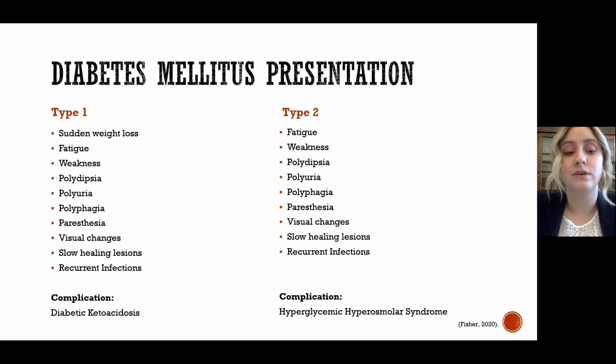The complication of type 1 is diabetic ketoacidosis. Type 2, the exact same signs and symptoms, but it does not include sudden weight loss. The complication of type 2 is hyperglycemic hyperosmolar syndrome.